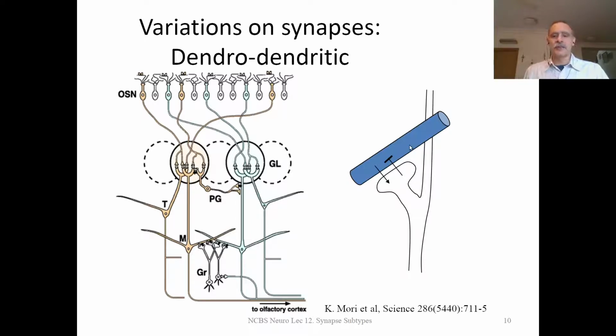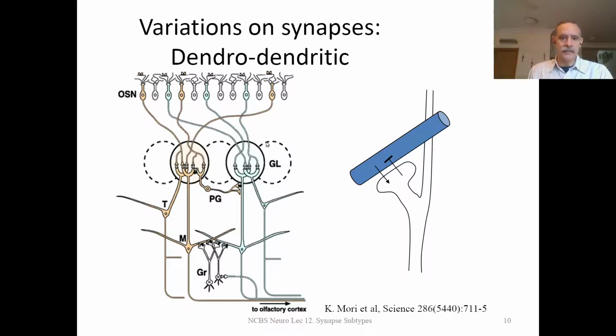Okay, so this is present, interestingly, among a lot of the granule cells. So the granule cells have these reciprocal excitation inhibition contacts with the mitral cell, and they don't even bother to have axons. They are axonless neurons. All of their contacts are of this dendrodendritic kind for the granule cells. The mitral cells have an axon which goes off to olfactory cortex, but its dendrites participate in this dendrodendritic interaction. And interestingly, the same mitral cells also have dendrodendritic interactions with another class of cells called periglomerular cells.